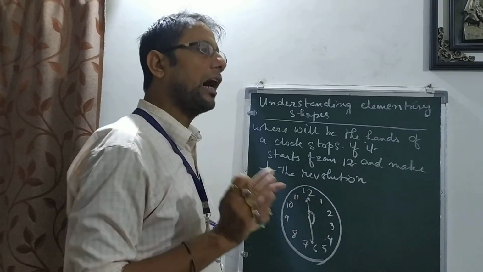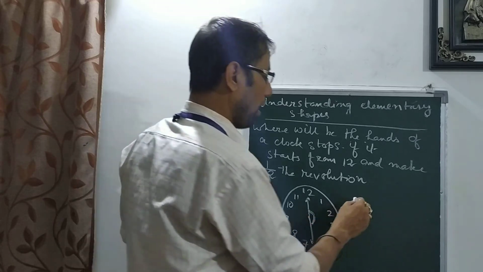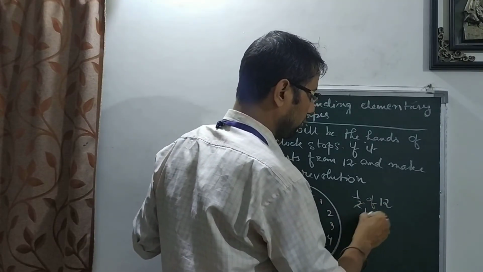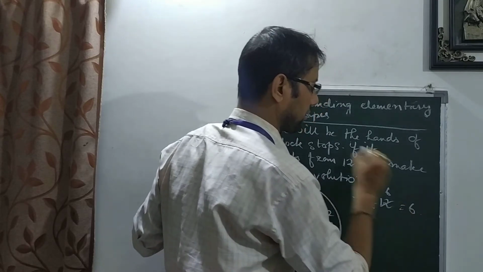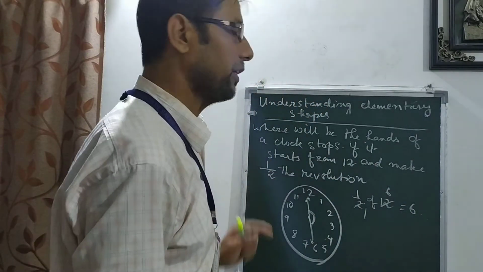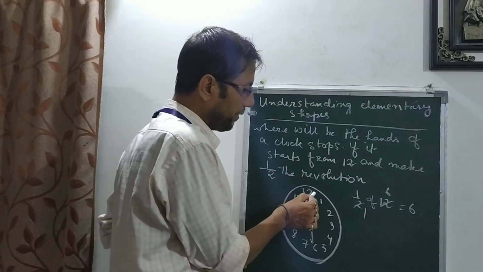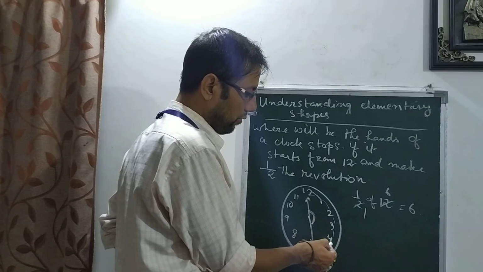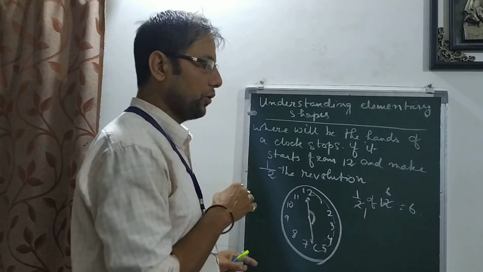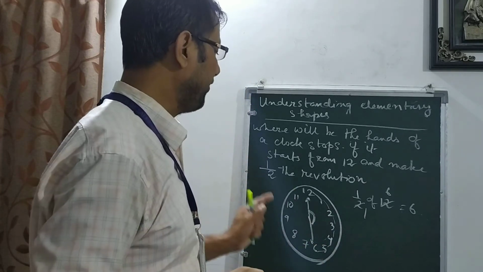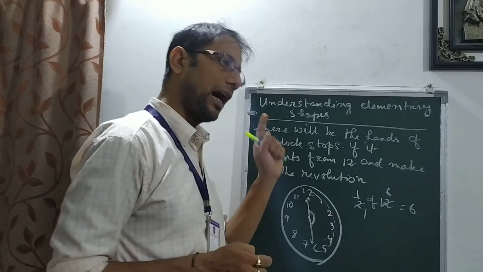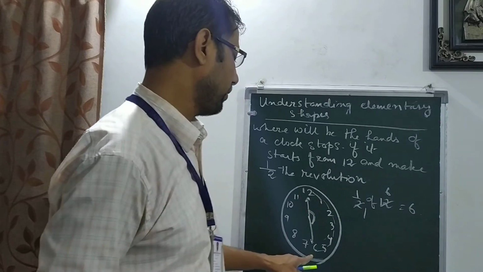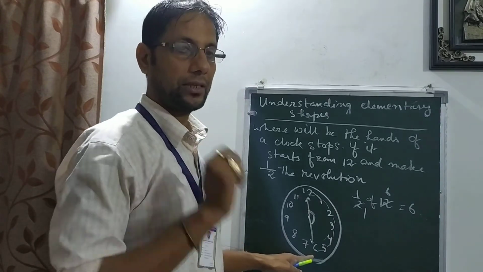If I say half the revolution, that means half of 12. 2 6s are 12, so it is 6. That means it will move 6 parts. If I count from here, 1, 2, 3, 4, 5, 6. This is half the revolution. So the clock will stop at 6.